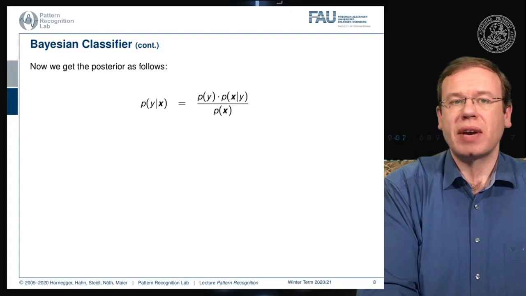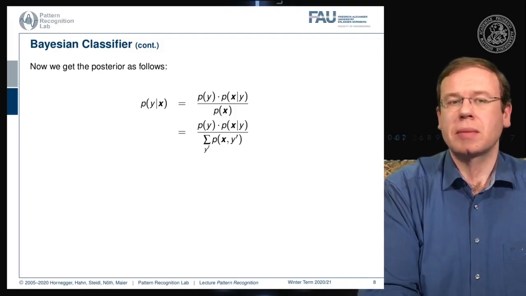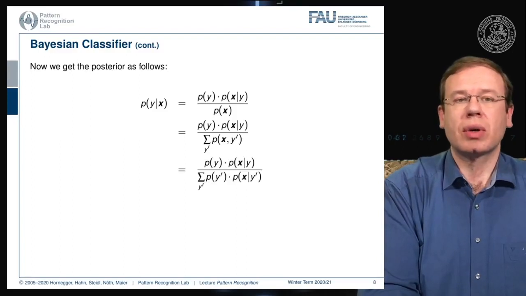Now the probability of X can generally also be expressed as a marginalization over the entire joint probability, and now you see that observing this joint probability density function is actually pretty hard, but we can use our trick of decomposition again, so we can see that this can be decomposed into the prior of all the classes, and this is multiplied with the probability of observing our X given the respective class.